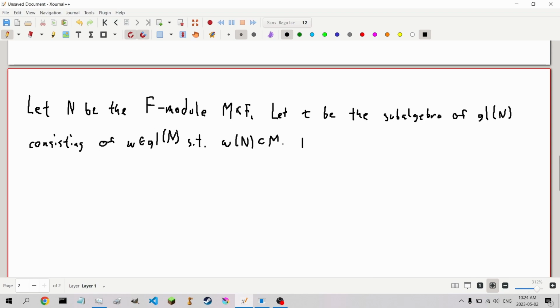So then we're going for all W in T. For every such element, we're going to let the image of W under eta be a new element inside GL of M.